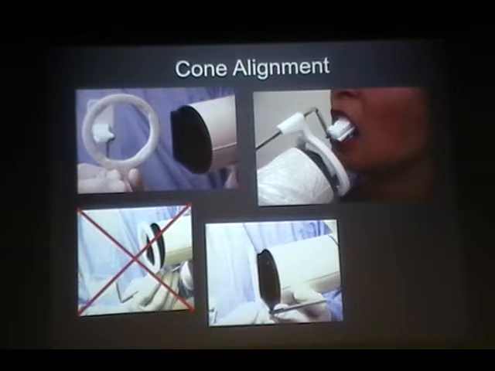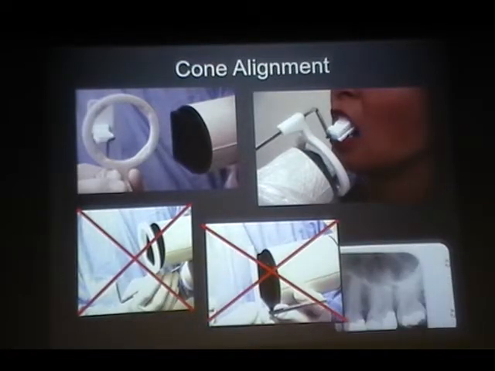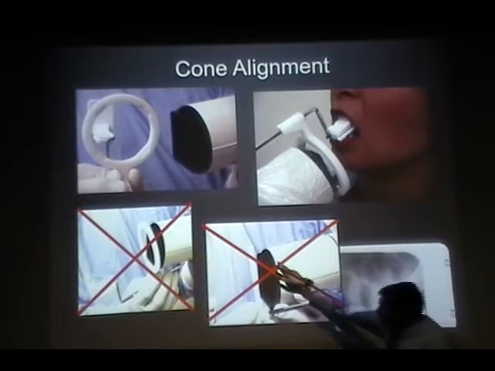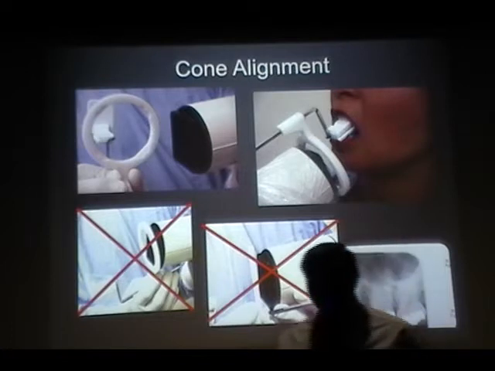So when you are trying to align this cone, if you don't align properly, we could end up getting something like this. So remember, I told you, you need to capture the molar, and we don't want to see any white space. This is called cone cut, basically. Back in the days, they used to use only the cone, I guess the circular one. Since it was cutting like that, they used the term cone cut. Since we are using a collimator, they should have come up with a new term, but we are still sticking to cone cut.